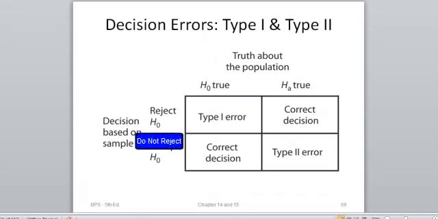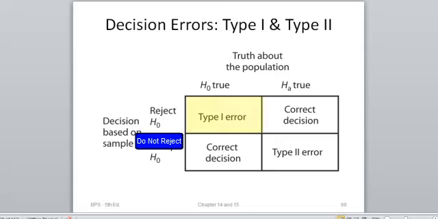So there are two types of errors that could possibly occur during a hypothesis test. Along the top is the truth about the population. Either the null hypothesis is really true or it's not, meaning that the alternative is true. Along the vertical there is a decision based on your sample. What you did in the hypothesis test was either reject the null hypothesis or not reject it. I don't like the word accept, but you did not reject the null hypothesis.